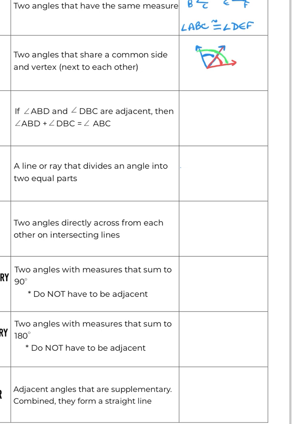So let's name these. If we call this A, B, C, and C, B, D, we can say that angle ABC plus angle CBD equals whatever the measurement of ABD is. So we've basically just put the two angles together and gotten one big angle.